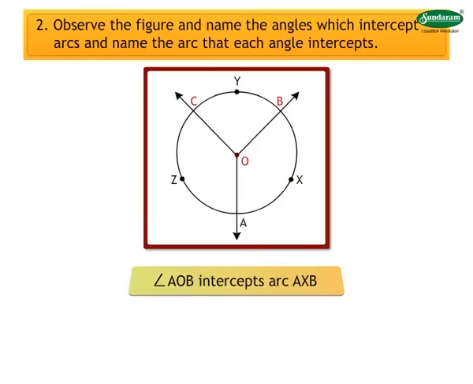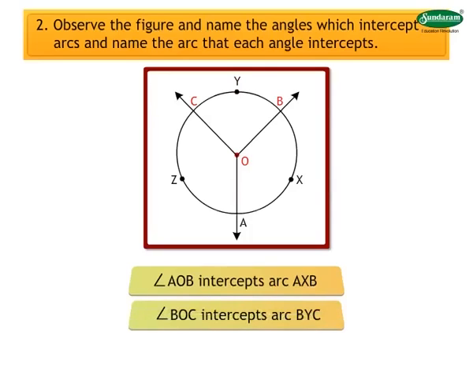Taking angle BOC. In this figure, as point C of the arc BYC lies on side OC of angle BOC and the point B of arc BYC lies on side OB of angle BOC, we can say that angle BOC intercepts arc BYC.